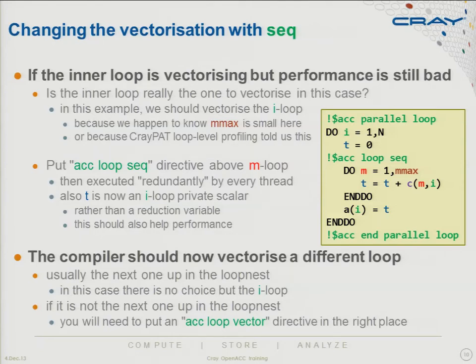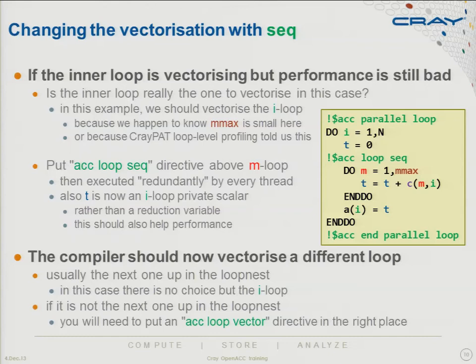If it's a sequential loop, every thread sets t to be 0, adds up its values of t, and gets the answer. This isn't a reduction variable, it's just a private variable if the parallelism is all at this level. So it can give you better performance like that because we've avoided a reduction variable for t.